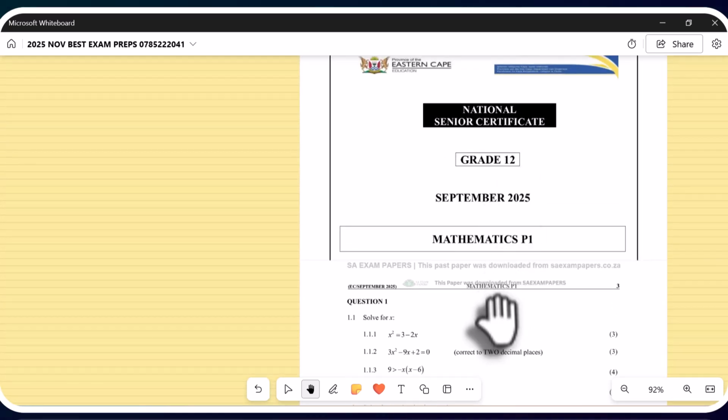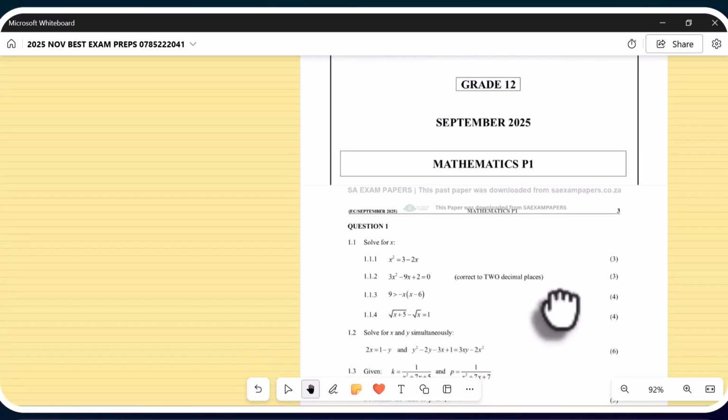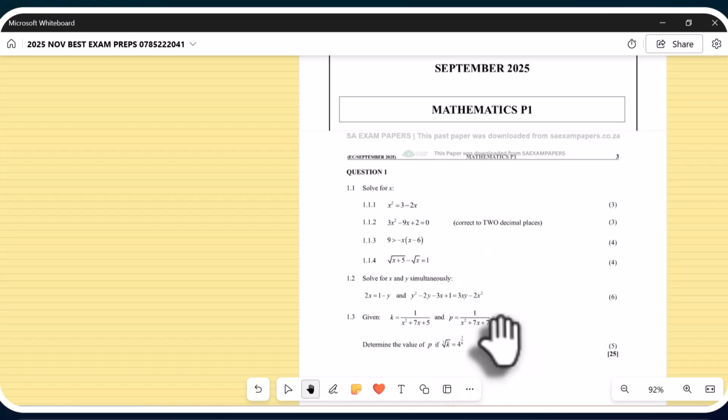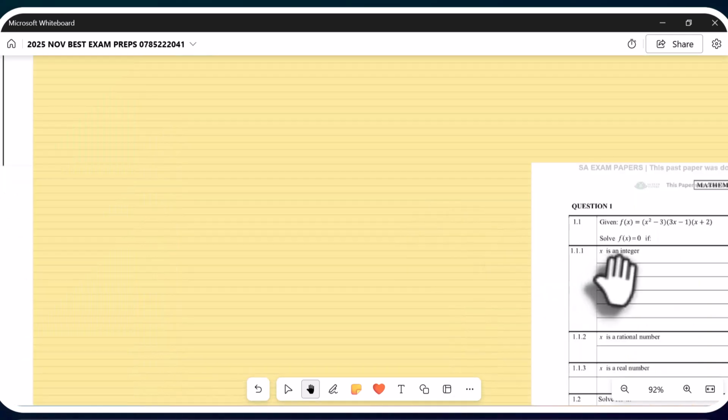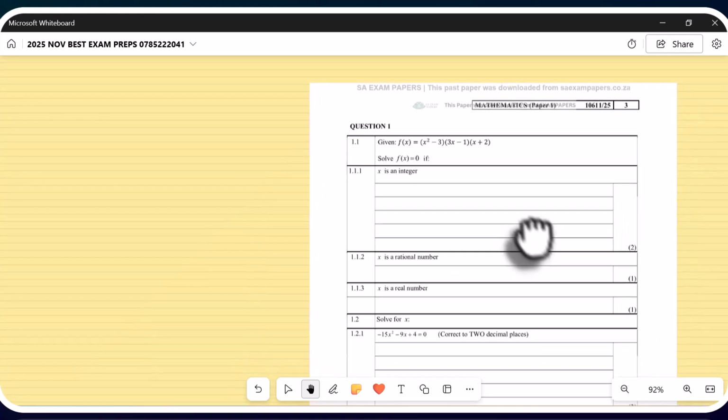That is question one, and we want to see how people in the Eastern Cape are preparing for the November 2025 paper by doing this question one. Likewise, we want to see how people from Gauteng prepare their learners to pass question one.